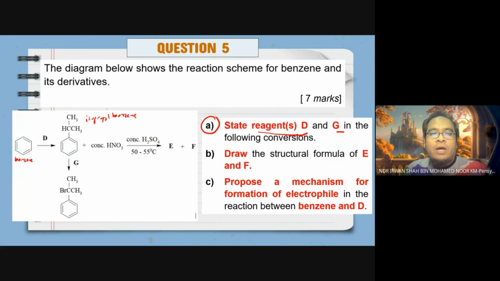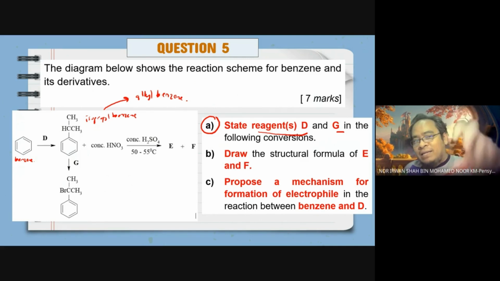Dan apakah itu isopropyl benzin? Isopropyl benzin merupakan satu jenis alkyl benzin. Nampak? Kita ada benzin dapat alkyl benzin. Maksud dia apa? Maksud dia benzin tu kita buat alkylation. Kita alkylkan benzin, ataupun kita masukkan alkyl pada benzin.